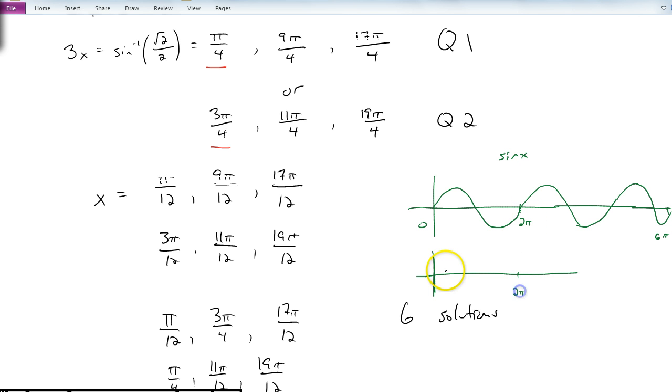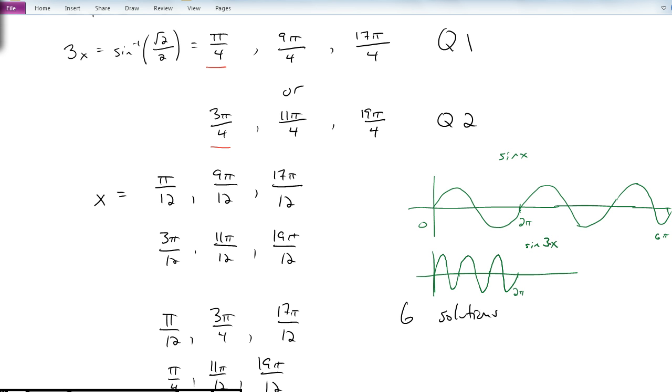I'm actually going to have 3 periods smushed into 2 pi. This is the sine of 3x.